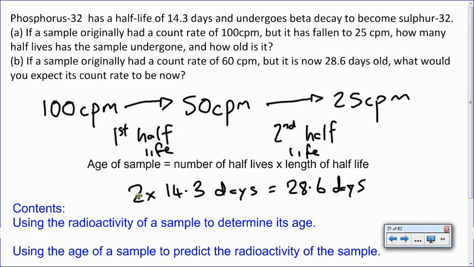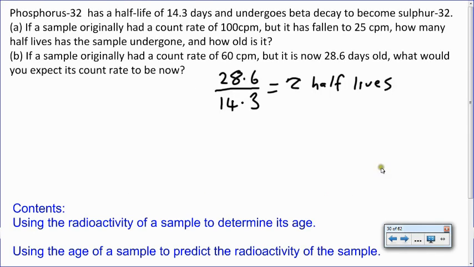We've got two half-lives, each is 14.3 days, so in total the sample will be 28.6 days old. There you go. So the next question, it says the sample's count rate is 60 but is 28.6 days old. So we need to work out how many half-lives the sample has gone through.